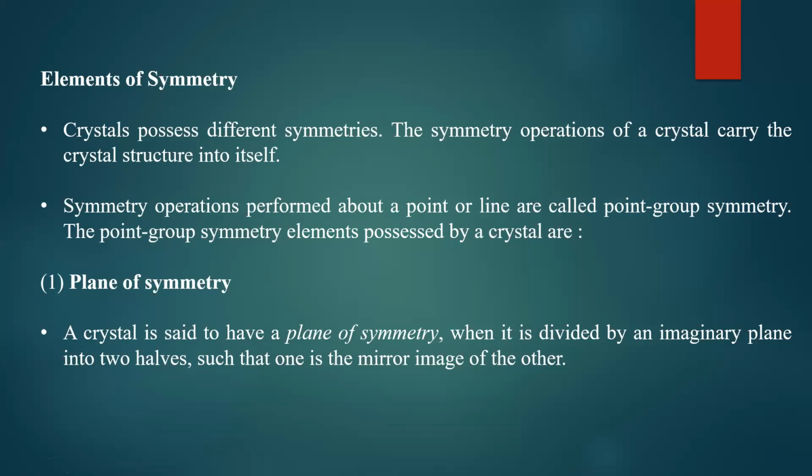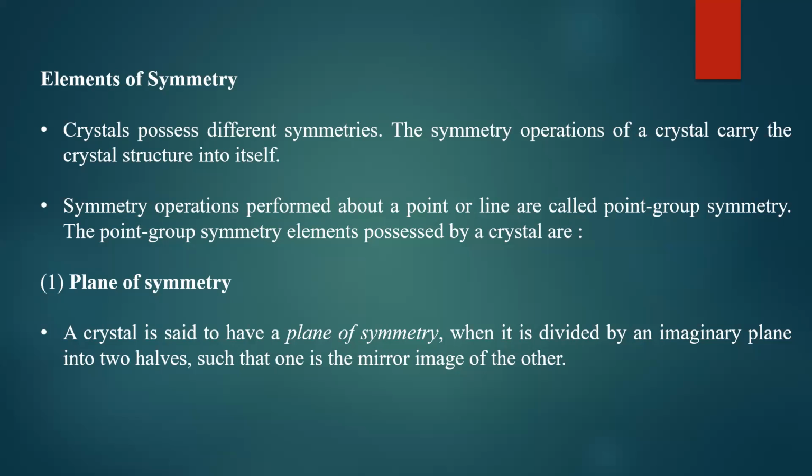Similarly, if you cut the cube along the diagonal axis, then also the cube will have the identical structure on both sides. Therefore, the cube has a plane of symmetry about its diagonal axis also, at the center and also at the diagonal. They are called planes of symmetry.